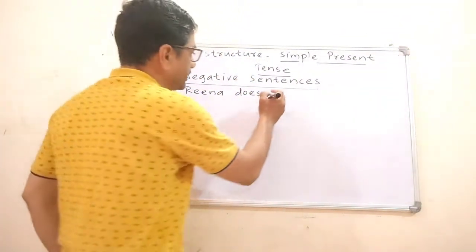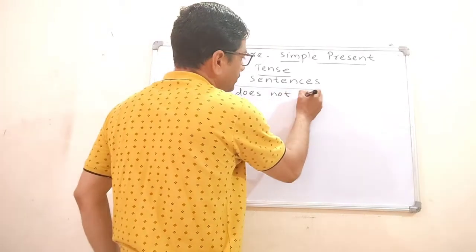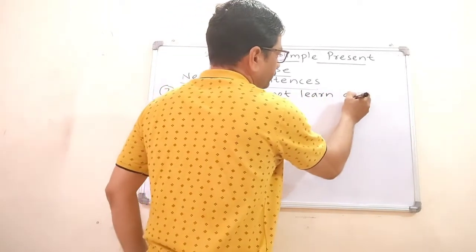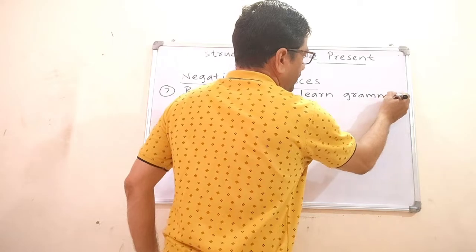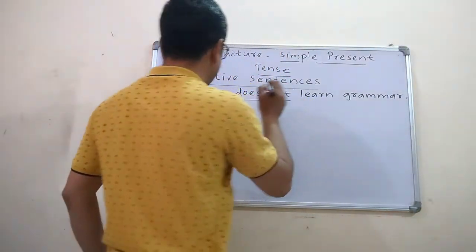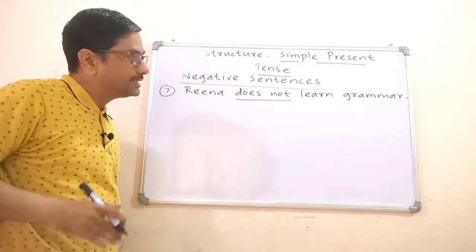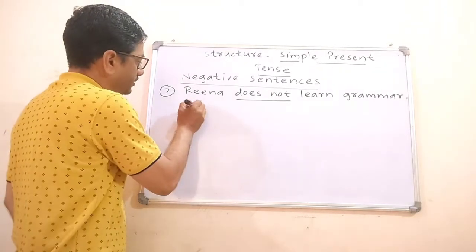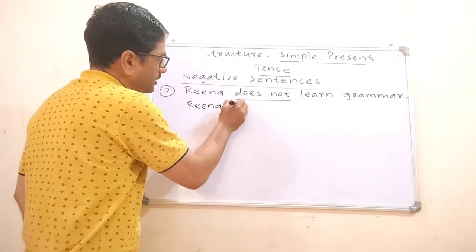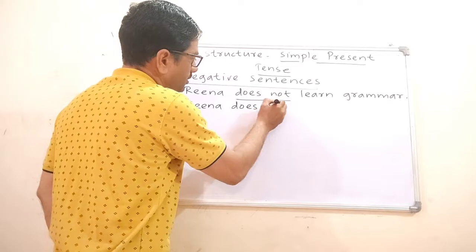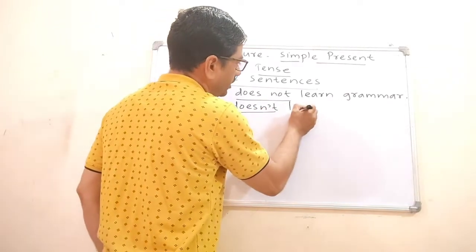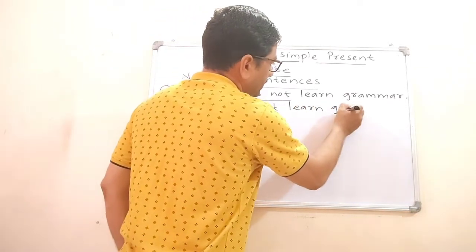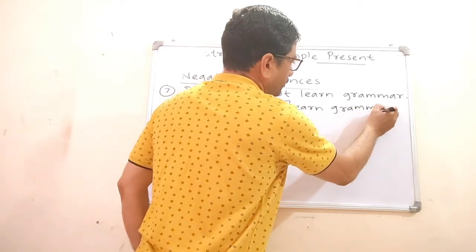So Reena does not learn grammar. You can write the same sentence in this way also: Reena doesn't learn grammar. So doesn't is the short form of does not.